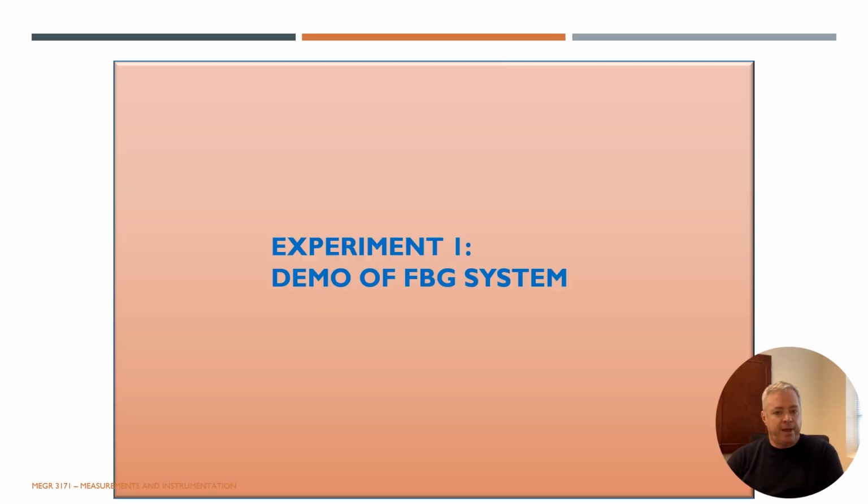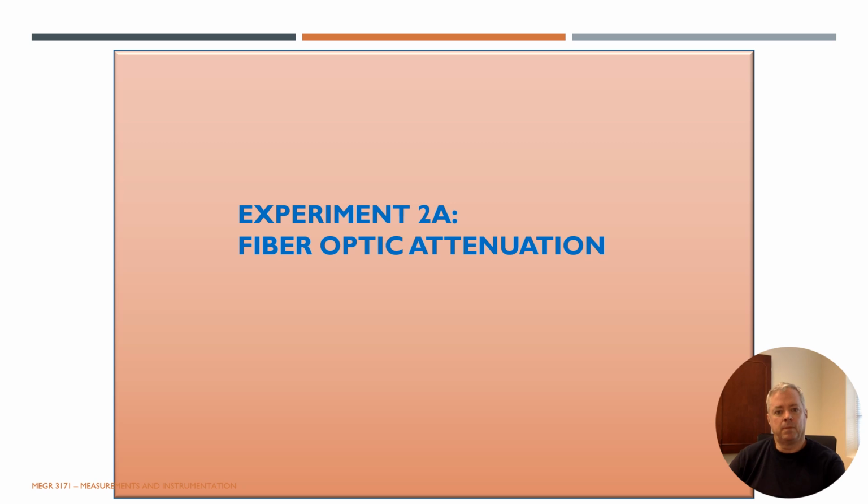Okay, so let's talk about the lab you're going to be doing this week. The first experiment is going to be a demo of one of these fiber Bragg grating systems. The second experiment is going to be measuring the attenuation of one of these systems, so that you can see how the phase changes as the system changes.